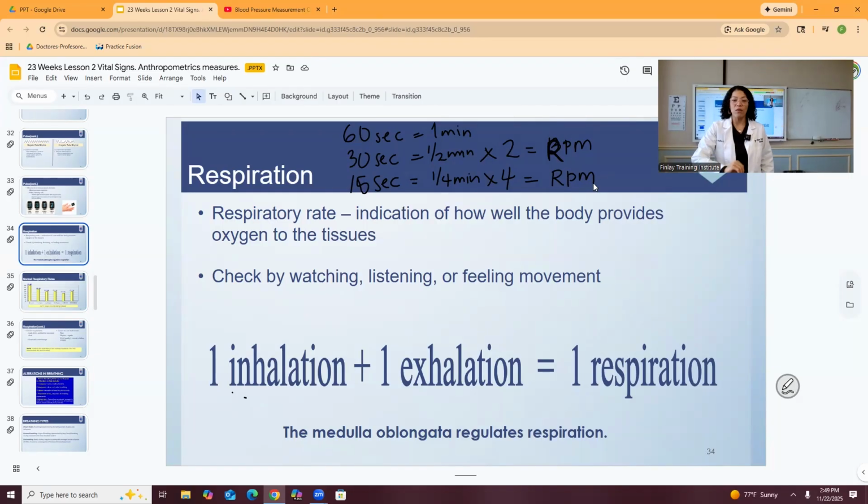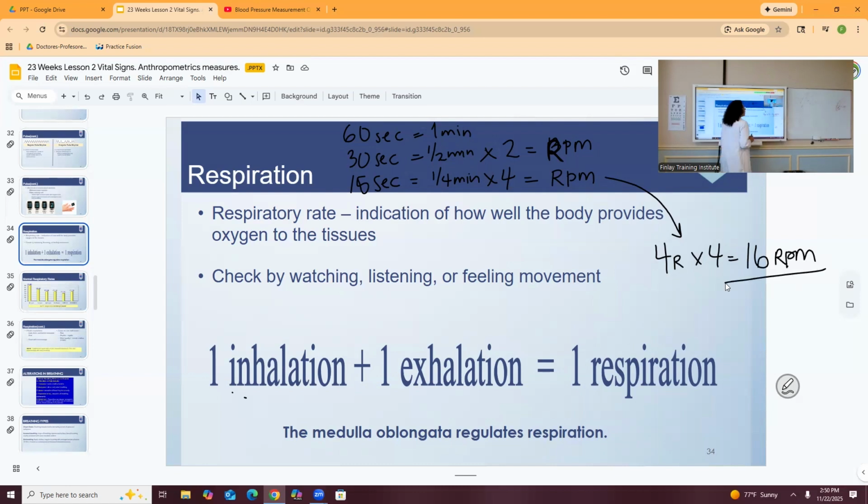I count 4 in 15 seconds. So I'm using the technique of the 15 seconds. So it's 4 respirations times 4, that is 16 respirations per minute, okay?